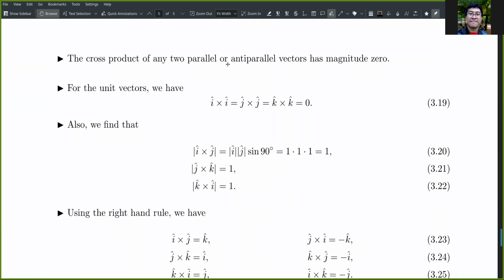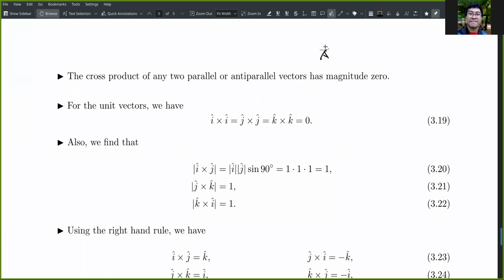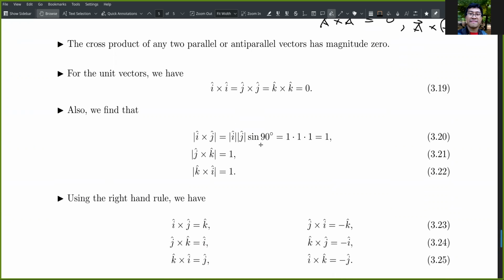The cross product of any two parallel or antiparallel vectors has magnitude 0. So for example, A cross A equals 0. Or A cross negative A, that's also 0. For unit vectors, I cross I, or J cross J, or K cross K are 0.